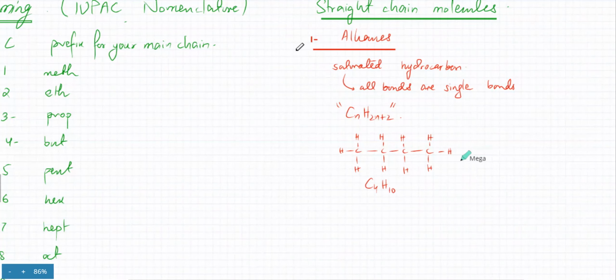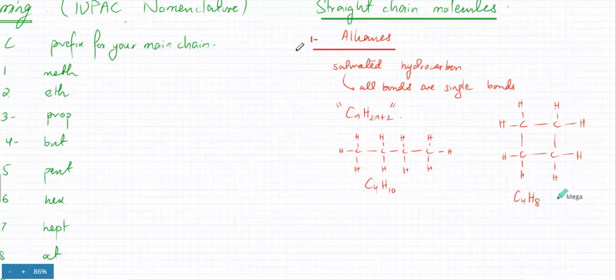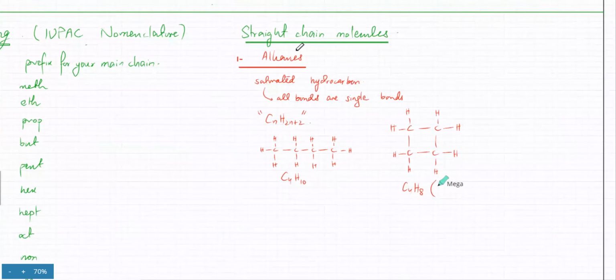But what if you have a cyclic compound where you have 4 carbon atoms and it's a saturated molecule, which means all carbon atoms are forming 4 single bonds? Now, this is also an alkane, but over here the formula is C4H8. So the general formula doesn't work, even though it's an alkane.